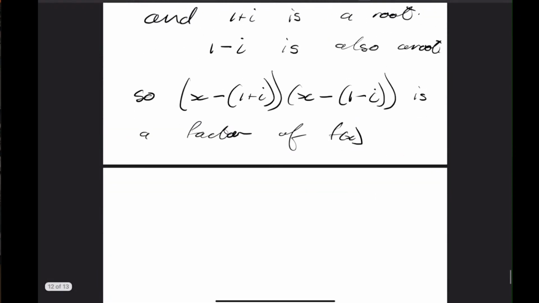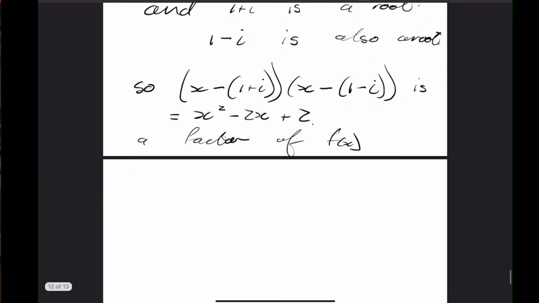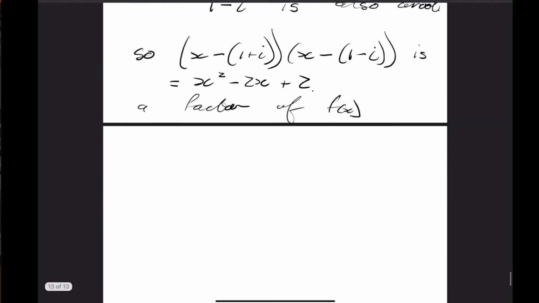Let's multiply out this polynomial. What do we get? This is x squared minus 2x plus 2. So what will we do?